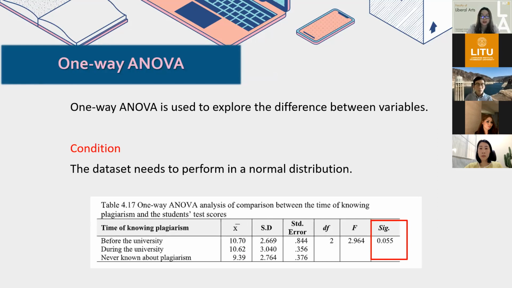As I said earlier, one of the conditions of analyzing ANOVA, the dataset needs to be in a normal distribution. So prior to data analysis, a test of normality was assessed using the Shapiro-Wilk test, which is a powerful tool to test normality of data sets.